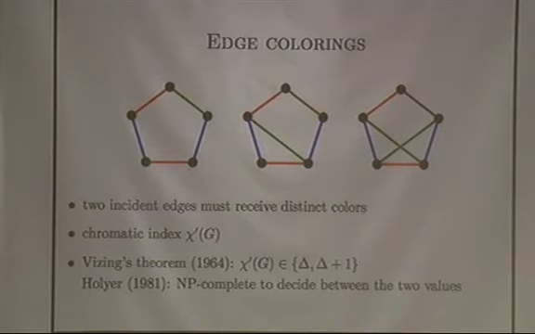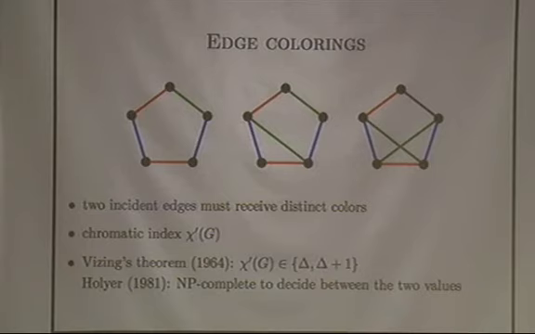And the minimum number of colors needed to color the edges of the graph in this way is called the chromatic index of a graph. And clearly, if you have a vertex that is incident, in this case, with 3 edges, then the number of colors you need is at least 3. So the maximum degree in your graph is a lower bound on the number of colors you need. Because if you have a vertex incident with delta edges, all these delta edges must get distinct colors, and therefore the chromatic index is never smaller than delta.